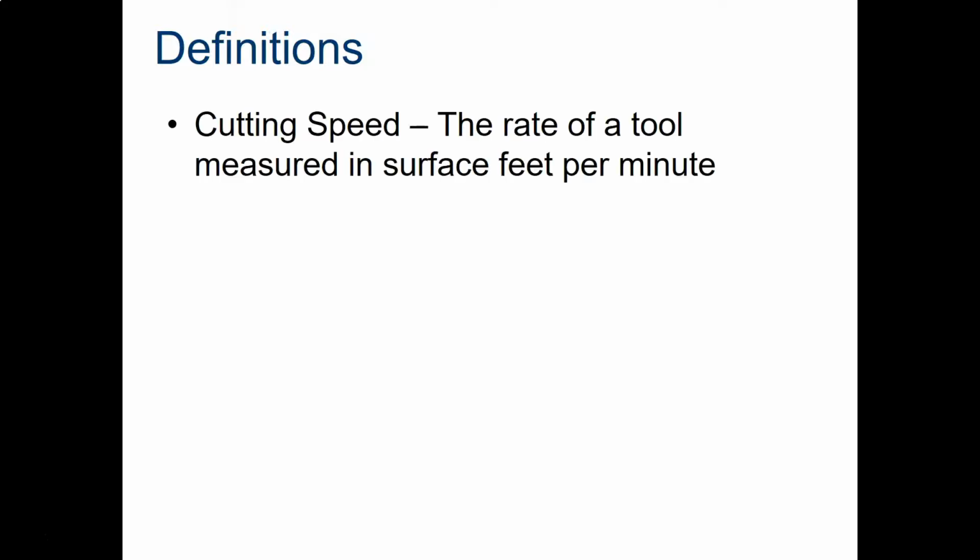We need to define a few things before we move on to calculating feeds and speeds. Cutting speed is the rate of a tool measured in surface feet per minute. Cutting speed must be converted to inches per minute so that it can be expressed as RPM.